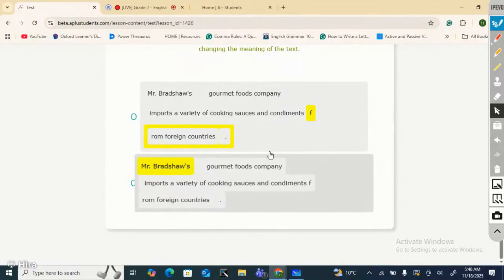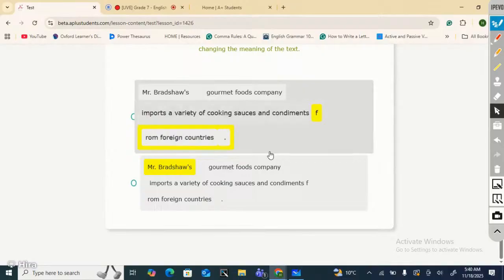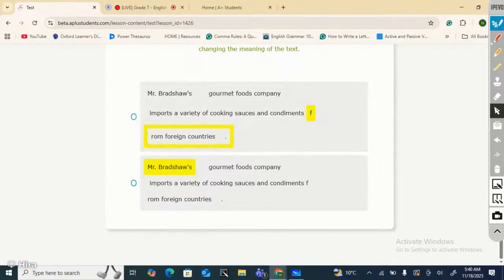The name cannot be redundant because it's mentioned for the first time. But option one, from foreign countries. Well, imports. If something is imported, it is brought from other countries. So there is no need to say from foreign countries. This one is redundant and should be removed.